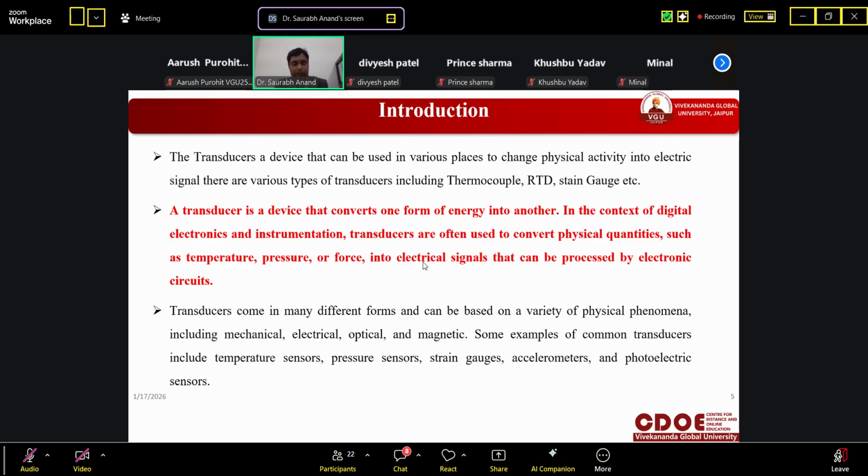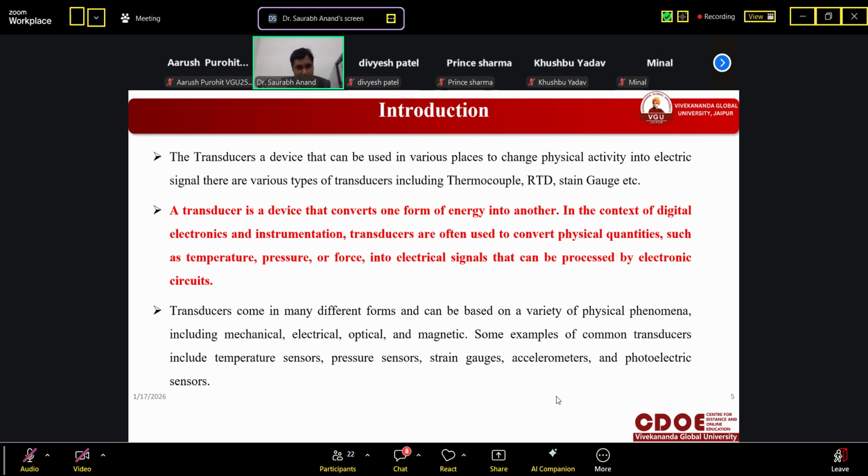Suppose you are using an electrical weighing machine. What is being done there? We are putting the object on that. It is pressing it, and that pressure is measured, and through that meter we are seeing that it is 2 kilogram, 2.5 kilogram. How is it showing that?